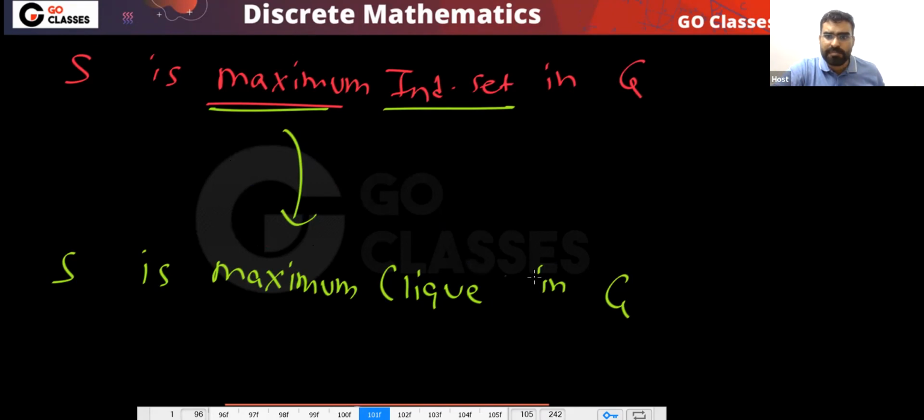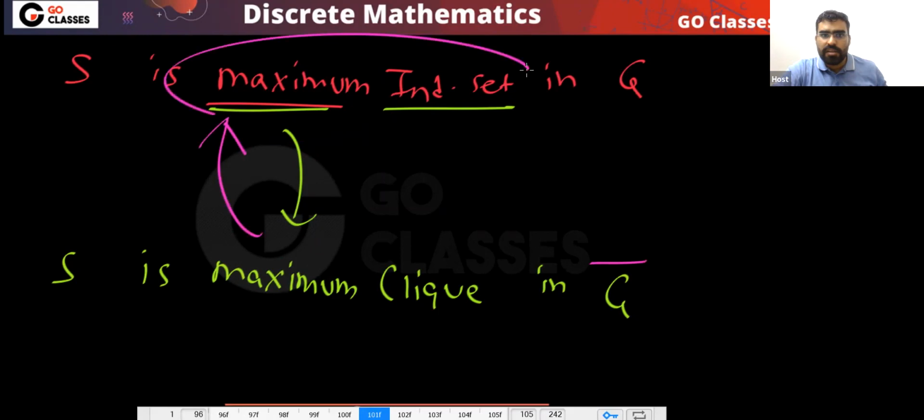Okay, so this will happen. Yes or no? Very simple. Is this clear to everyone? Because if you have a maximum independent set, it will become a clique, but how can you guarantee it will be maximum?